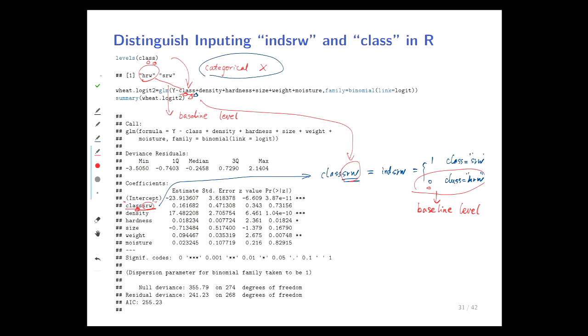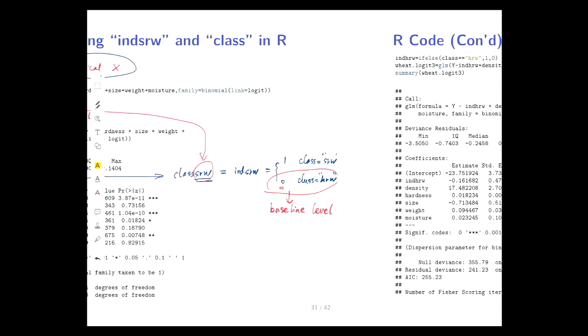R will treat the first element of the levels output as the baseline level. I think you still need some time to process it because it's actually a very long sentence. So let's look at other examples to help you understand it more.